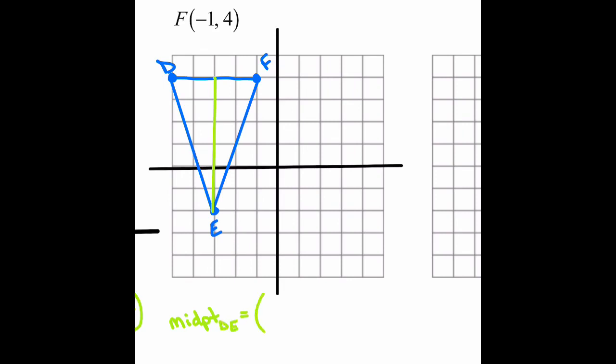Again, that is x1 plus x2 over 2, so -5 plus -3 over 2, and y1 plus y2 over 2, so 4 plus -2 divided by 2. When we solve this, we get -8 divided by 2, which is -4.